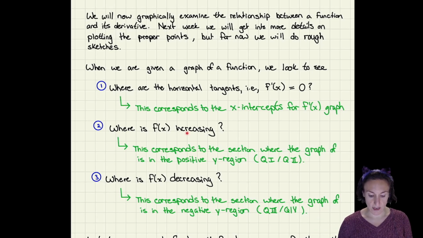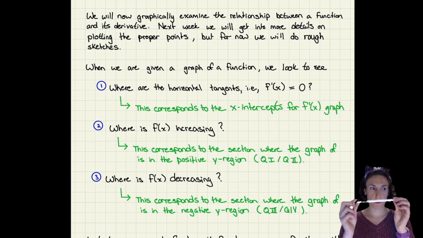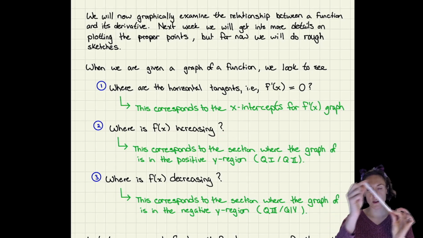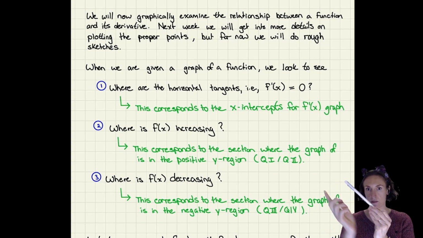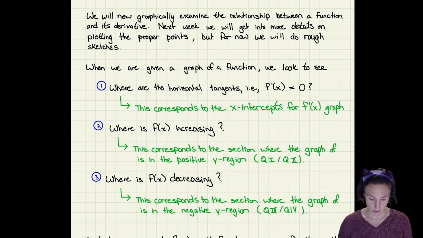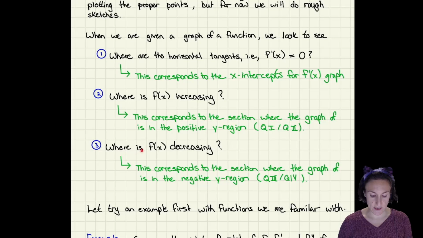The next thing I look at is where is f of x increasing? So in other words, where is there a positive tangent? If you were to take your pen and put it against a function, where is it facing upward, positive slope? And then where is there a negative slope? Where is our function decreasing?